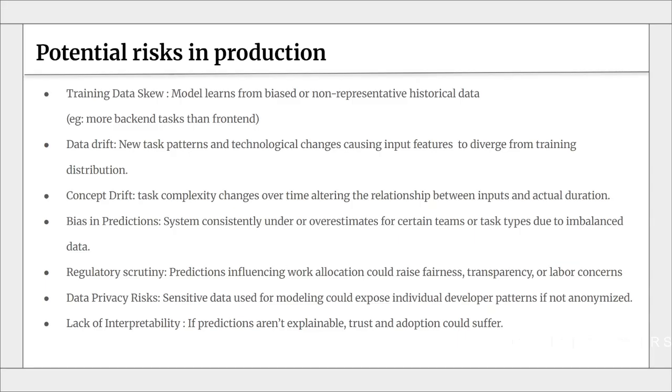Sensitive data used for modeling could expose individual developer patterns if it's not anonymized. And that can also lead to privacy concerns and potential pushback from the organization regarding the stability of the job for the developer. And the lack of interpretability: if the predictions aren't explainable, the trust and adoption would affect the outcome metrics.